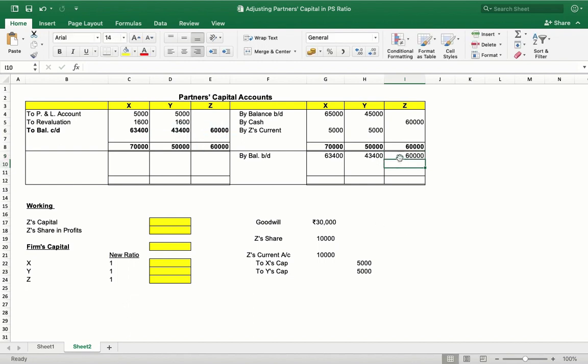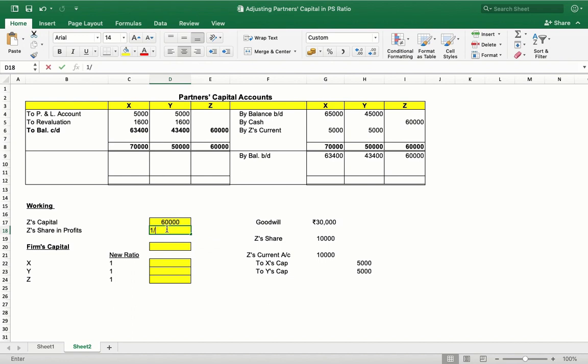Now on the basis of Z's capital account I need to adjust the capital of X and Y. So the overall objective is to maintain partners' capital accounts in the profit sharing ratio. So let's see how to execute this. So here we will do working. So Z's capital is 60,000 at present.